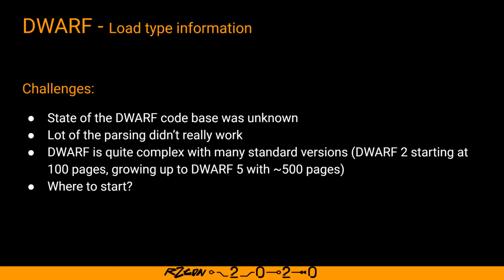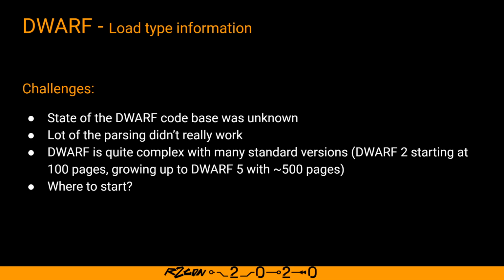So let me start with the work I've done, the DWARF debugging format. The main goal was to load the type information, and there were a couple of challenges. The state of the DWARF codebase was unknown, as it wasn't really touched since it was written about 6 years ago. After digging a bit, I found out a lot of the parsing didn't really work.